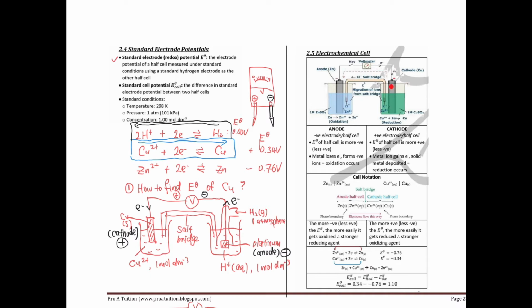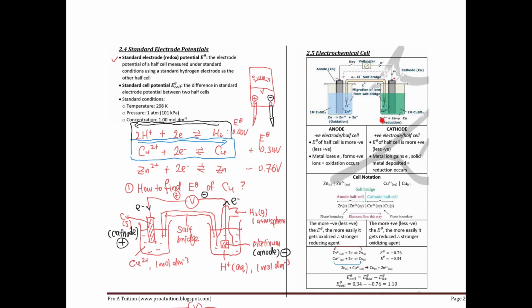Then copper 2 plus will receive electrons and change to copper. So electrons keep going to the right, and are received by Cu2 plus to form Cu.